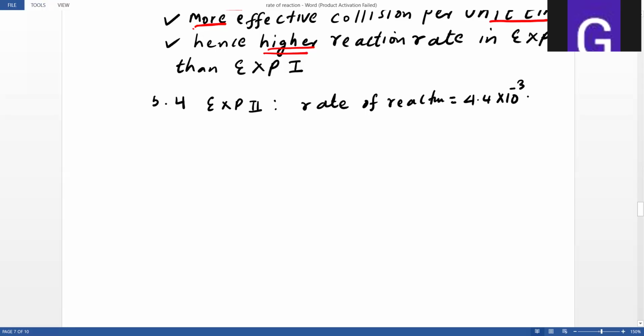Let's check the unit: it's mole per minute. What does this mean? Mole is the number of moles, n, and minute is the time. So this rate of reaction is the change in the number of moles over the change in time, during the first 2.5 minutes, from time 0 to 2.5 minutes.